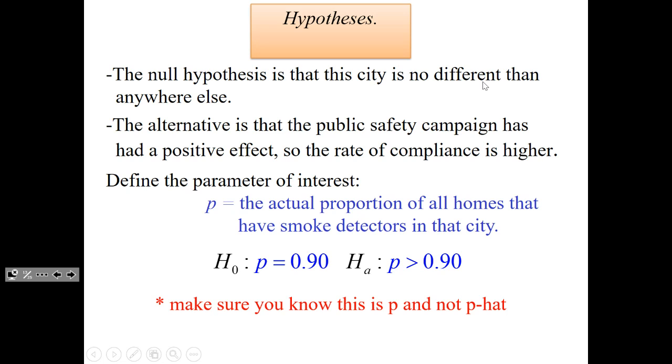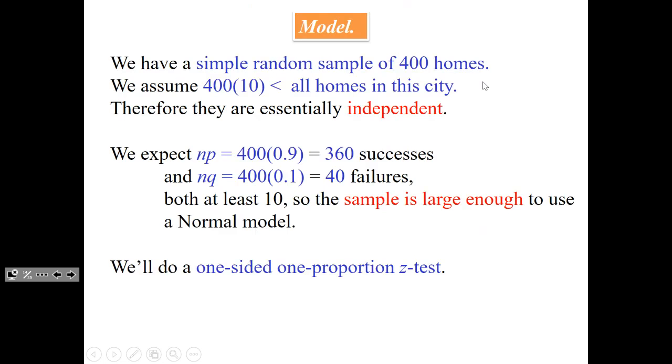The other thing we point out is that our null hypothesis uses equals. Our alternative may use greater than, it may use less than, or it could use not equal to. It depends on the way the question is phrased. In this case, we want to see if it was higher, so we use greater than.